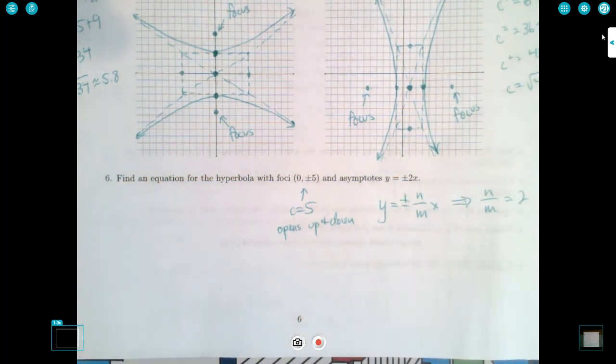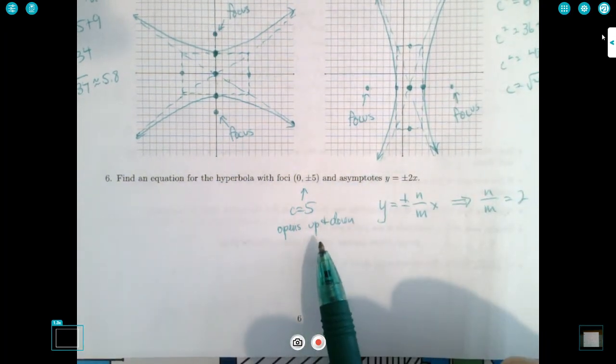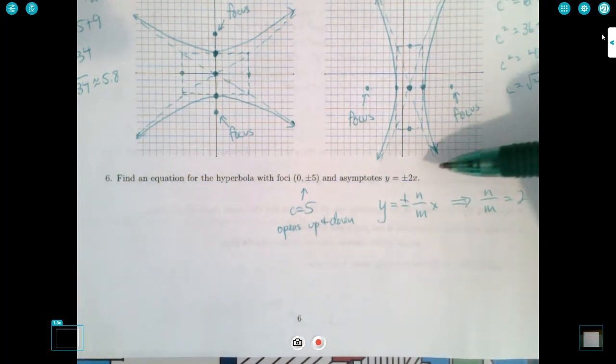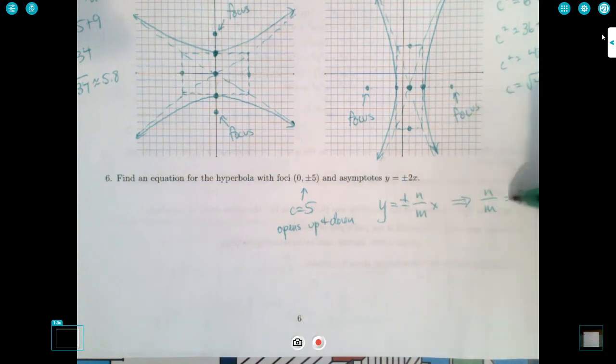I know that the focal axis is the thing that I'm going to be dividing y by. What I'm struggling with is I'm not sure how to tell that from just n and m. Well, shoot. Well, maybe it doesn't matter.